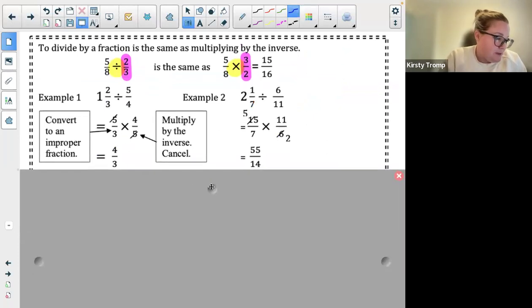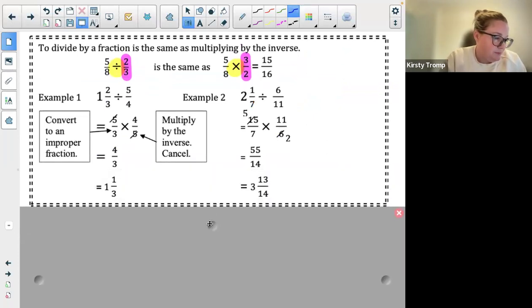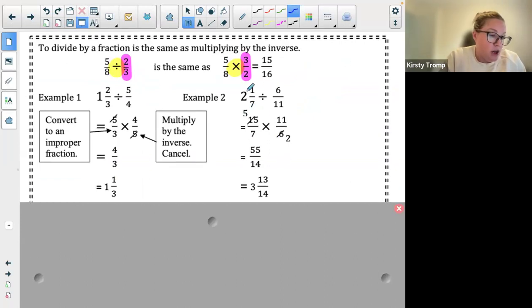Okay, so my next example that they gave us here on the other side was 2 and 1 over 7 divided by 6 over 11. So what's step 1? Step 1, convert it to an improper fraction. So 2 times 7 is 14, and 14 plus 1 gives me 15 over 7.